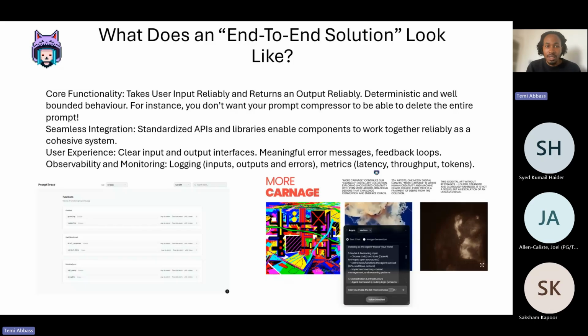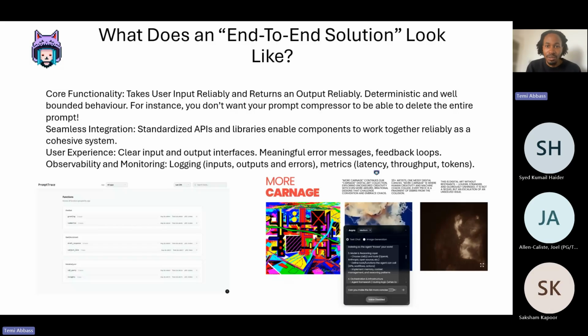Deterministic and well-bounded behavior is a common feature of what we would consider a safe end-to-end solution, especially when you're talking about AI agents or anything involving AI. Having well-bounded behavior for your AI system is very useful and an effective way to monitor its performance.